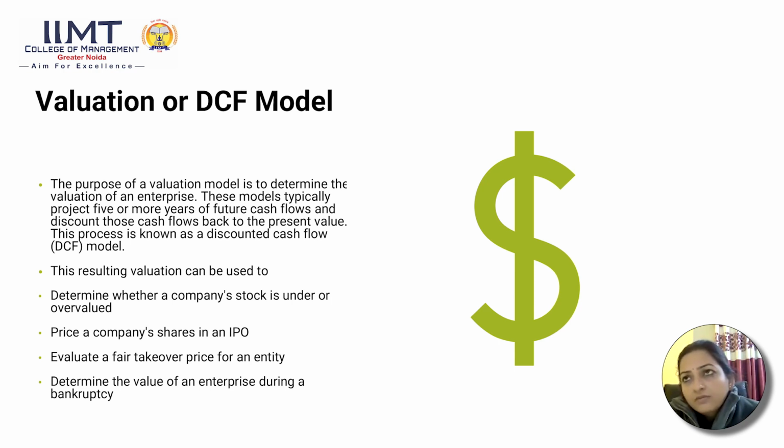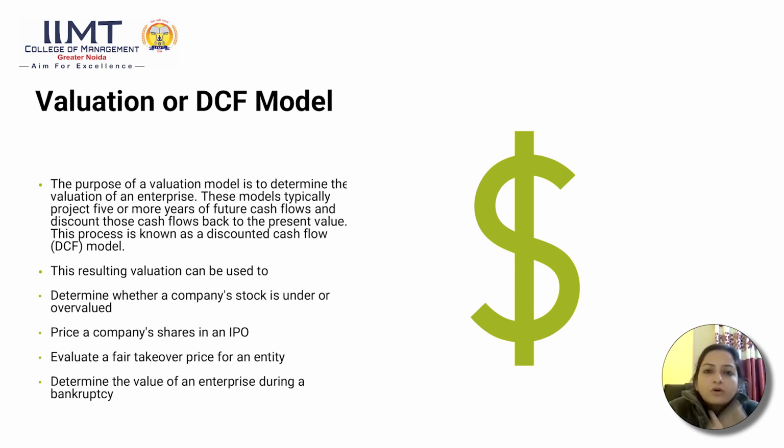What is the reason for the deterioration in the value of that 100 rupees? The deterioration is due to the discounting factor, and this discounting factor is none other than the risk factor. Risk factors are like inflation and many other risks associated with future cash flow.